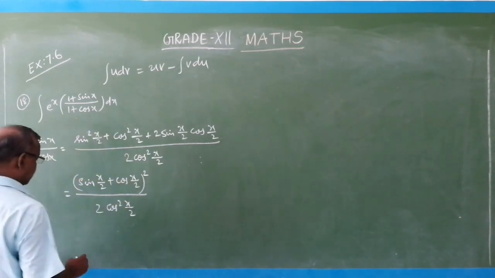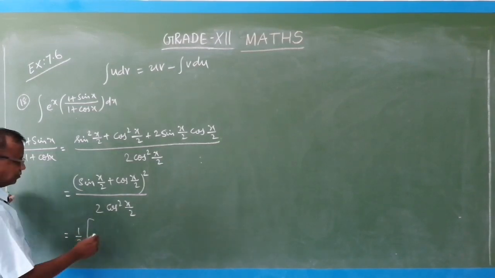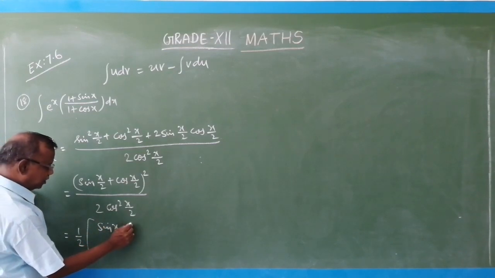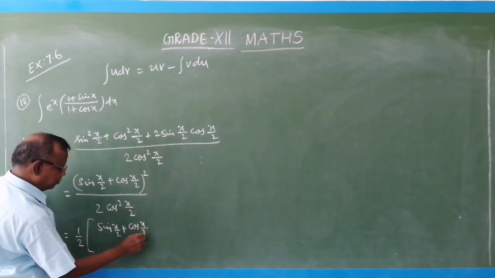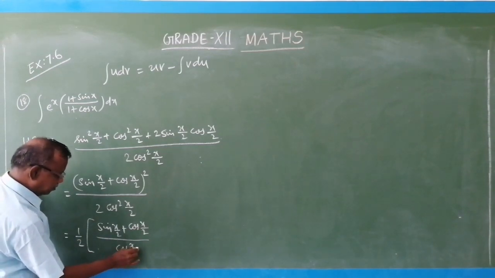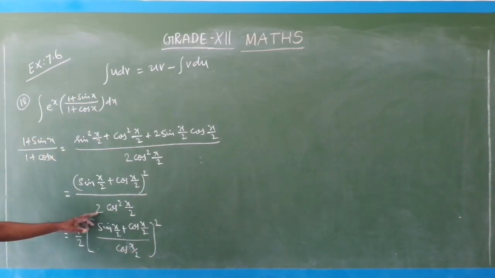Now, this is equal to 1 by 2 into sin x by 2 plus cos x by 2 divided by cos x by 2 the whole square. We can write this as 1 by 2 is taken as common.